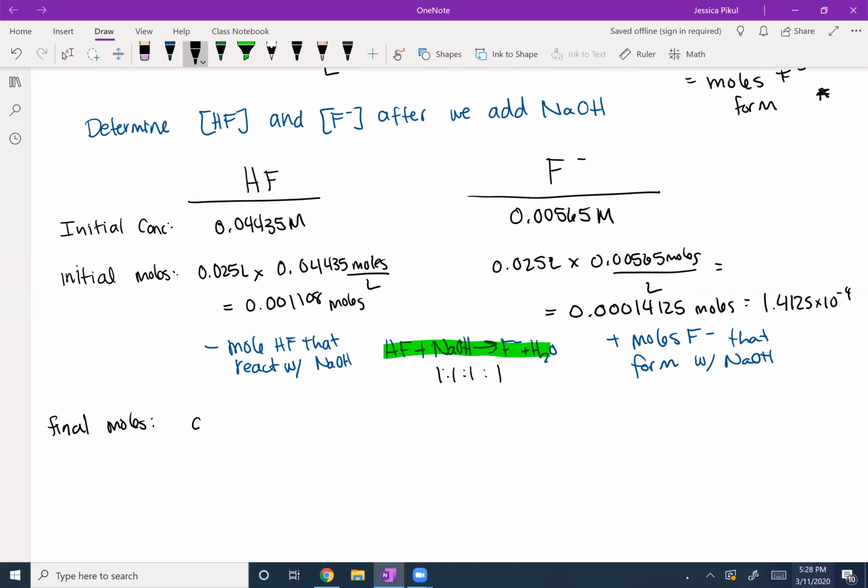So it's going to be our 0.001108 moles minus our 1.75 times 10 to the negative 4 moles that react. Let's do this in scientific notation: that's going to give us a total of 9.33 times 10 to the negative 4th.